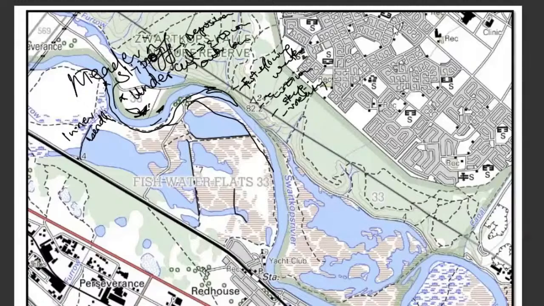Then when we talk about the inner bend, what do we expect? Gentle gradient. Here you expect a gentle gradient. You expect aspects of deposition, slow flowing water, and then less velocity.